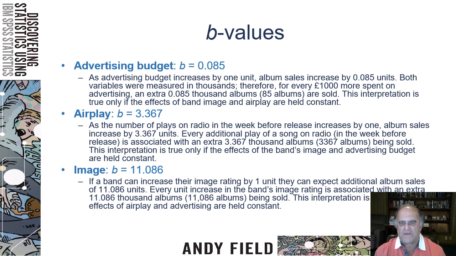Every unit increase in the band's image rating is associated with an extra 11.086 thousand albums, or 11,086 albums being sold. So again, that interpretation is only true if we hold the effects of airplay and advertising constant. Okay, so that's how we can interpret those B's in the equation.